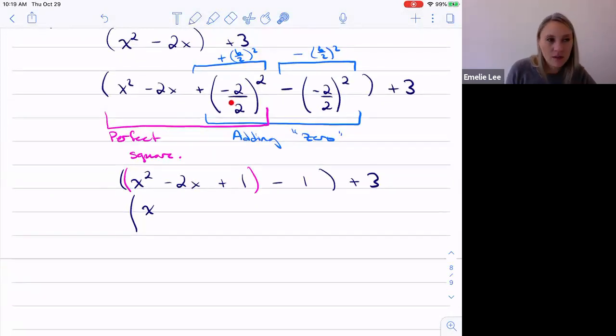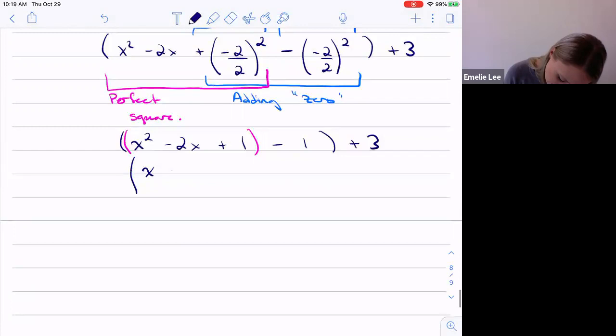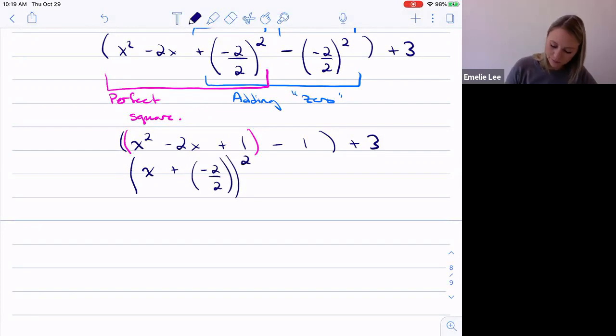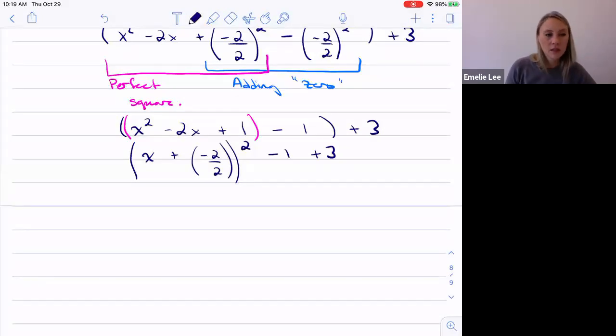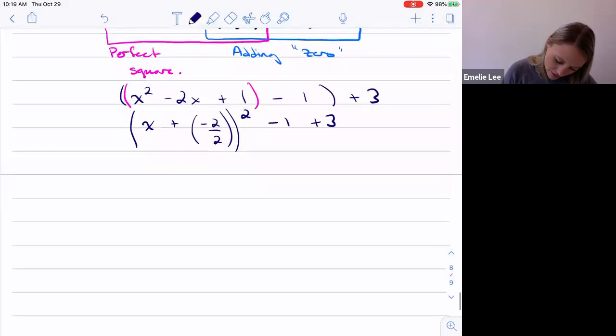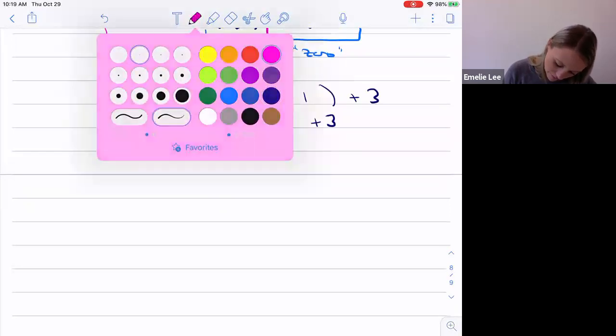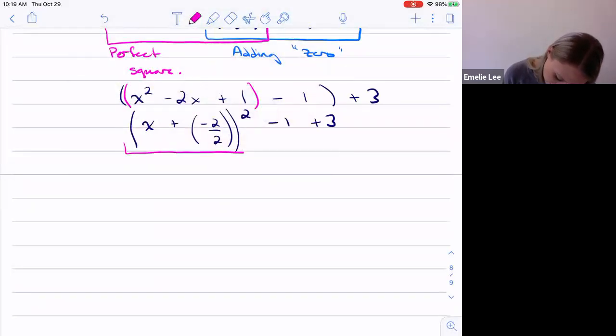Maybe I should have kept it like this. It doesn't matter, but I have to remember that it's not going to be positive 1. It's going to be x minus 2 over 2, or in fact, I should do it plus negative 2 over 2, just to emphasize where things came from, squared. And then minus 1 plus 3. So this here is now our perfect square.